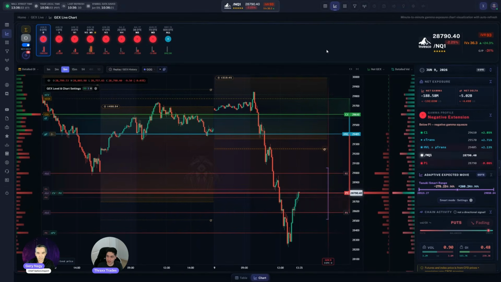I would really recommend to understand what we were talking about earlier, using it for context, for understanding the potential environment that we're in, to help plan out the day beforehand, to understand what you're actually participating in, and once we get to these levels, to look for confirmation in terms of acceptance or continuation versus rejection, rather than just viewing this tool as a guarantee on certain behaviors.